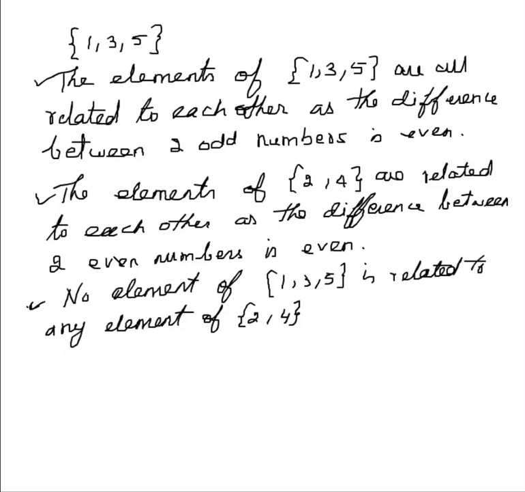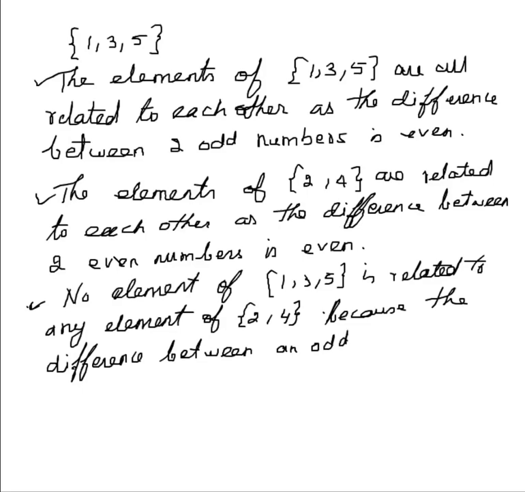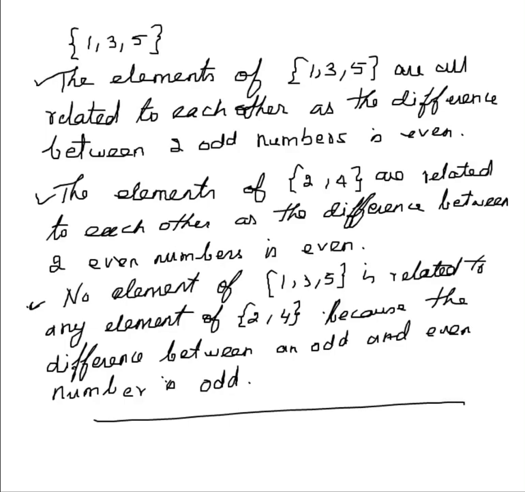That's why the elements are not related. We can write that reason, because the difference between an odd and even number is odd. That's why the elements are not related.